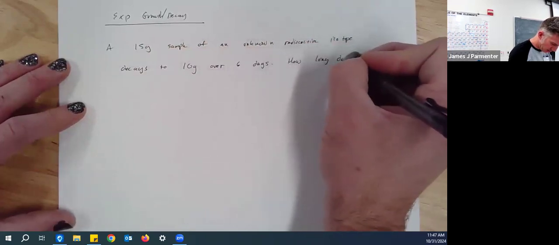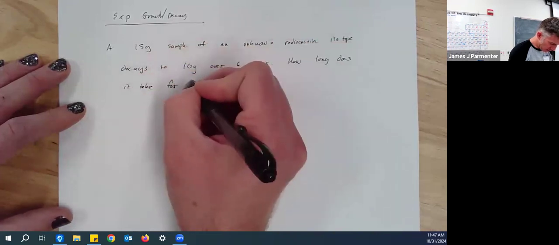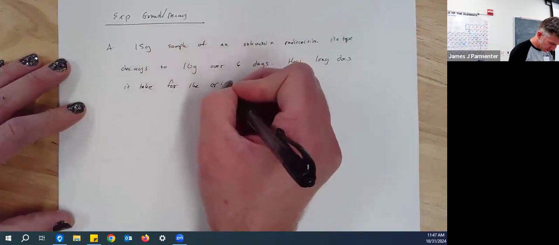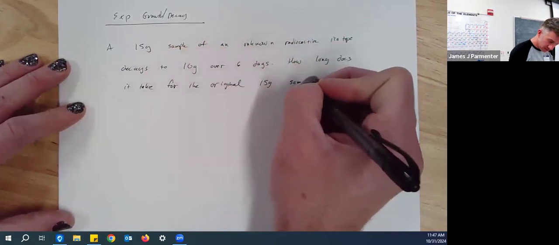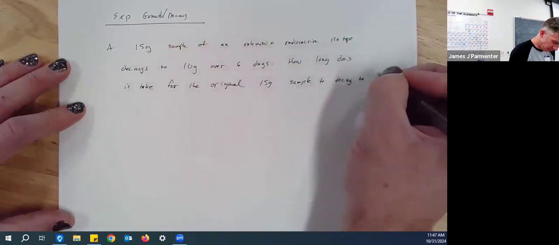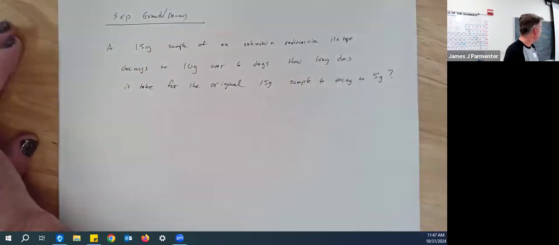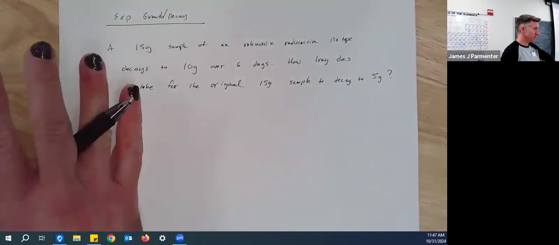How long does it take for the original 15-gram sample to decay to 5 grams? That kind of thing? Does it seem like what you're looking for?